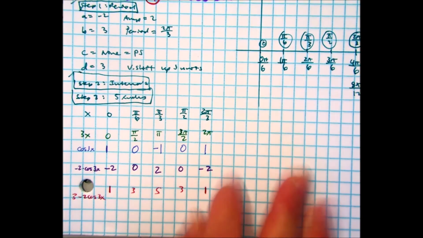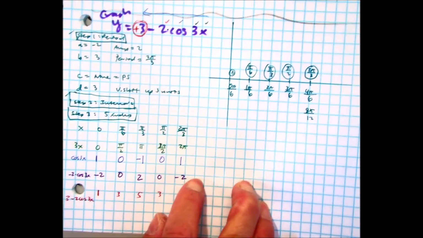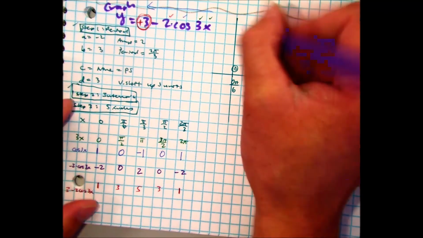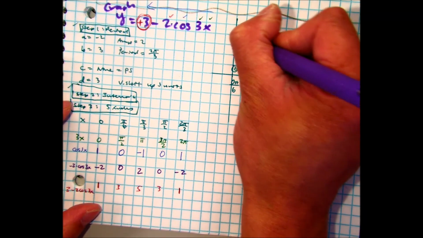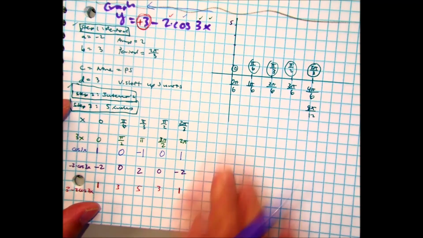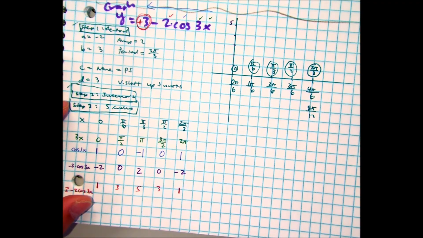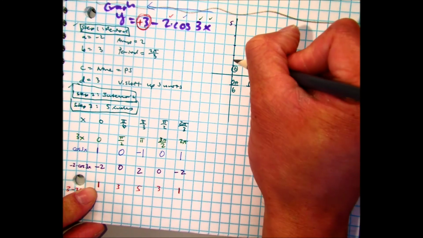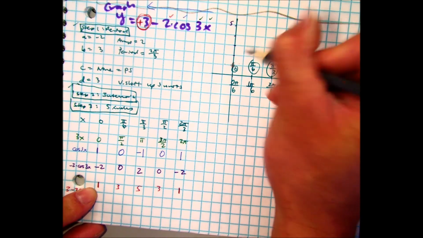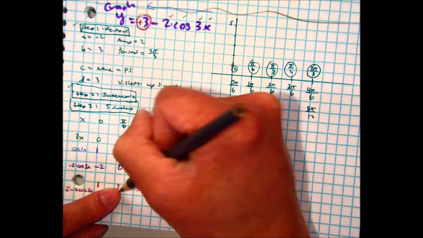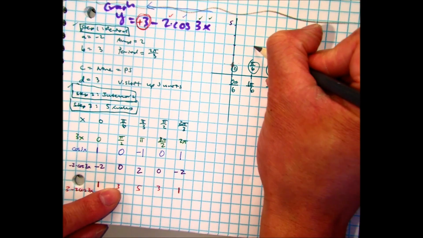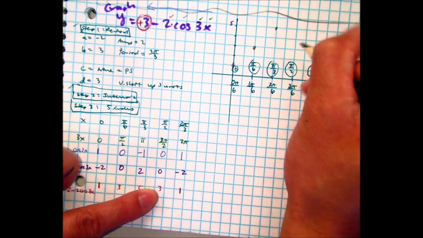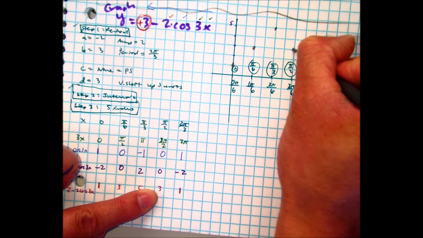Let's graph this now. Look ahead. 1, 2, 3, 4, 5. 1, pi over 6 gives me 3. 5, 3, 1.